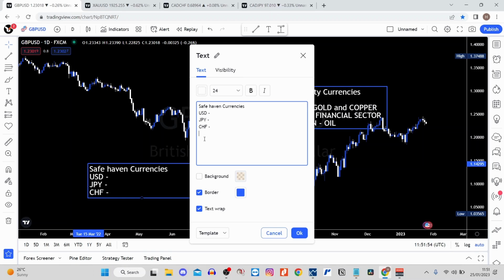I'm going to add bonds on here, because we are pretty much going to look at the relationship between bonds, the equity market, the commodity market, so we can get the most high probability trades. Now, obviously, the US dollar is the reserve currency of the world. So whenever there's any global turmoil, that is where most people will move their money into. This is why the currencies increase as soon as we're in a risk-off environment.